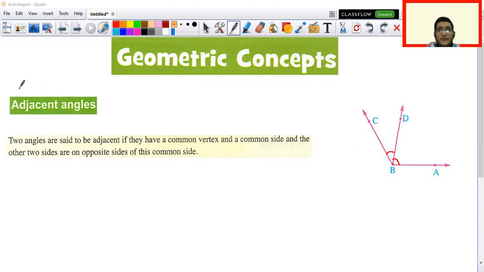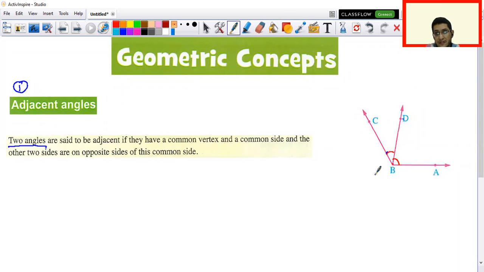The first concept is the two adjacent angles. What is the meaning of adjacent angles? Adjacent angles are two angles, for example, in this figure, the angle CBD and the angle DBA.